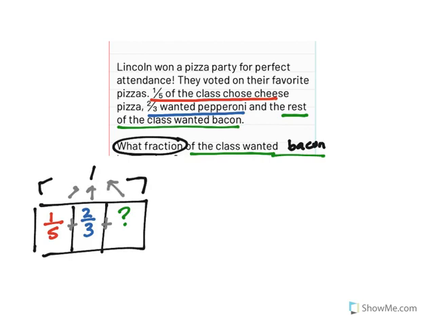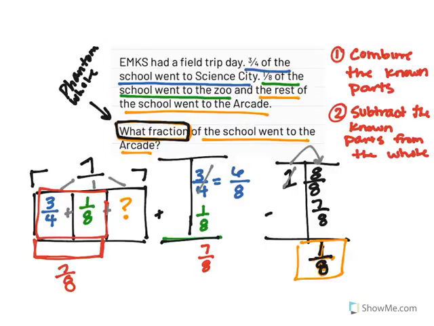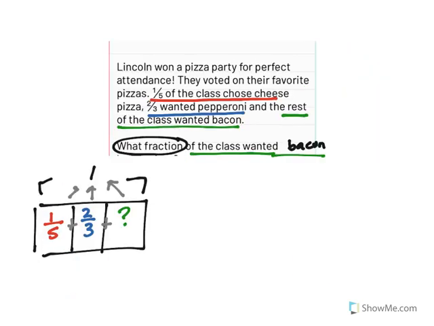So to solve for a missing part, all we have to do is combine the known parts. We have to combine 1/5 and 2/3. So step 1, combine known parts. So let's go ahead and do that.